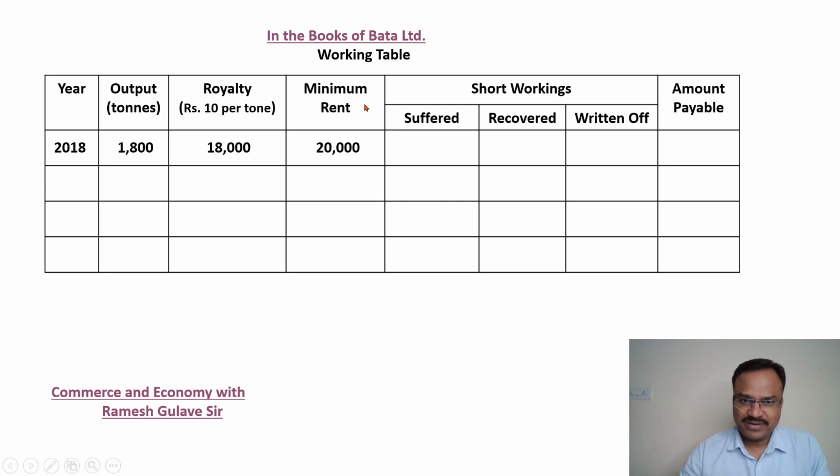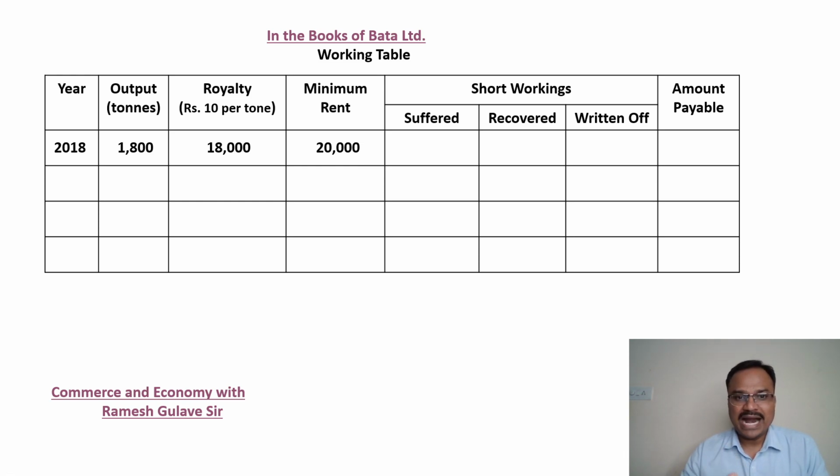This minimum rent is the amount which must be paid by the lessee to the lessor, irrespective of the output. Okay, in first year or in this 2018, you can observe that actual royalties are 18,000 but minimum rent is 20,000, right?